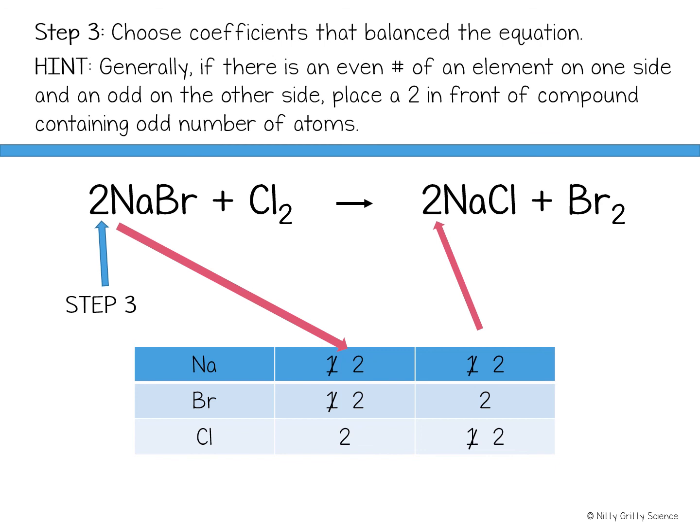We're going to now do the same thing looking at chlorine. Since the odd number of chlorine is on the product side, we are going to add the coefficient 2 in front of that compound. So now we adjust our table again on the product side, and we now have two sodiums and two chlorines.